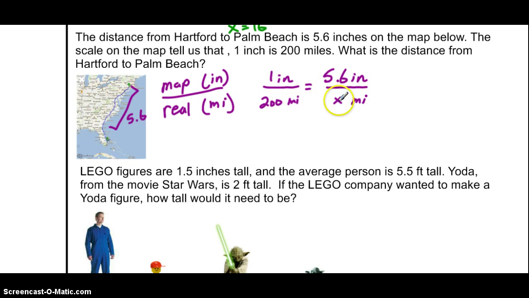That'll be x times 1 is just x, and 200 times 5.6 gives us 1,120 miles. Again, we multiplied 200 and 5.6 together to get that number. And there's no coefficient on x, so this is our answer right here. The distance from Palm Beach to Hartford is 1,120 miles. And that seems like a pretty reasonable answer for a distance basically from the north end of the country to the south end.